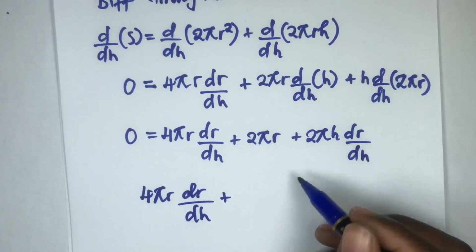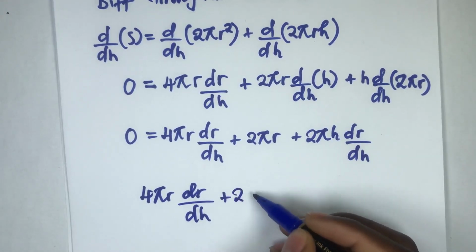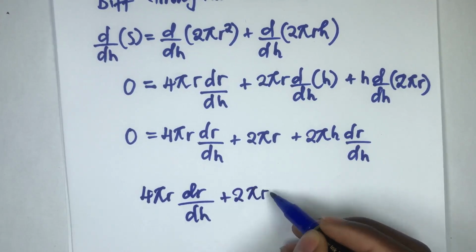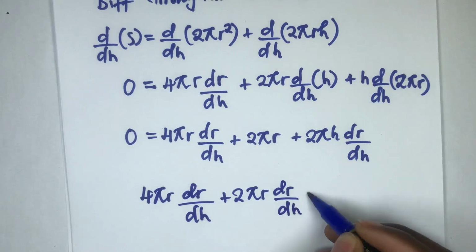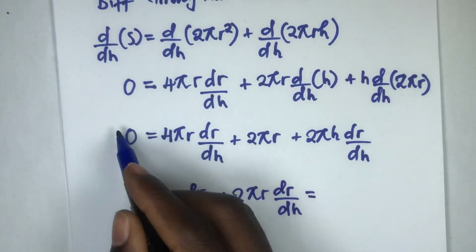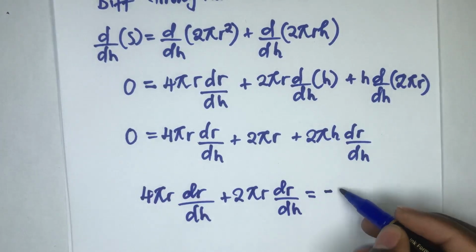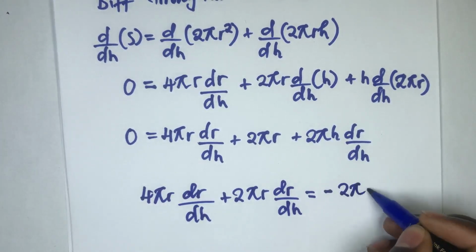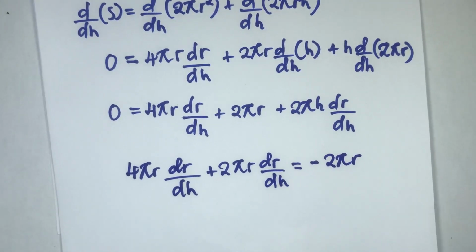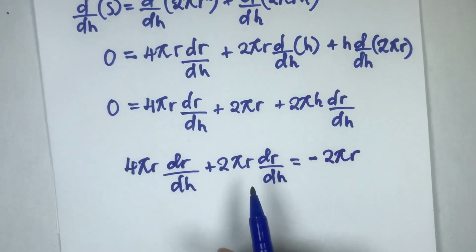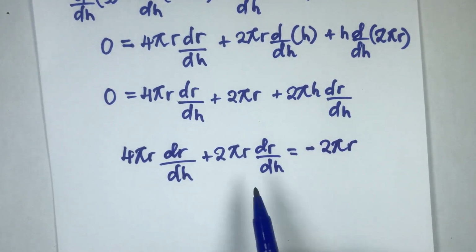plus this, we have 2 pi r dr dh, equal to, when this crosses the equal sign, it becomes a negative, so we have negative 2 pi r there. So then here we can just factor out the dr dh.